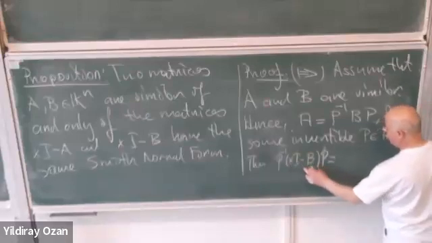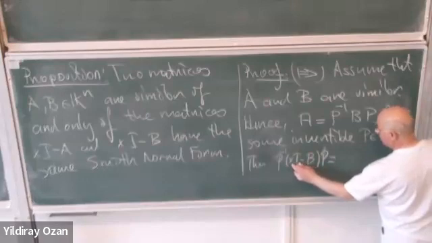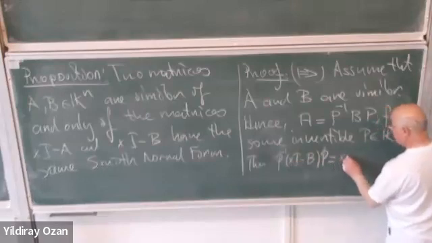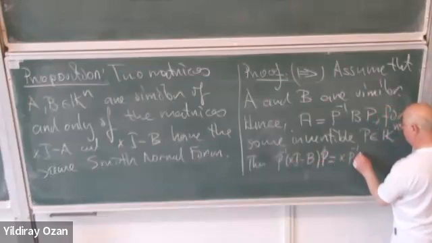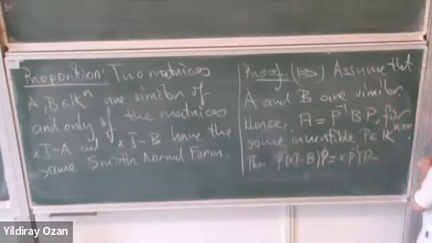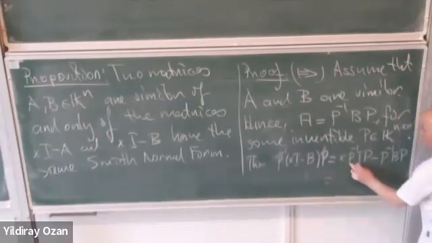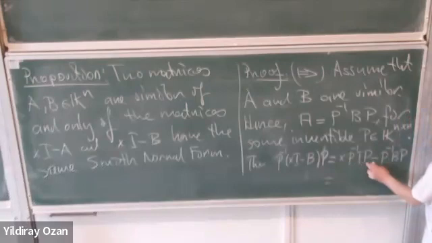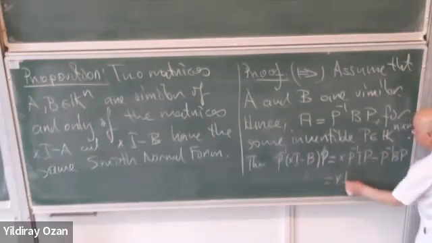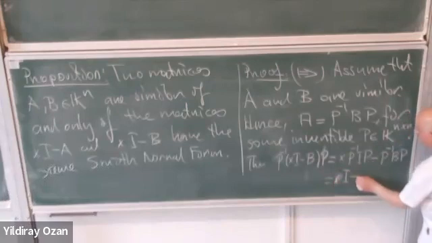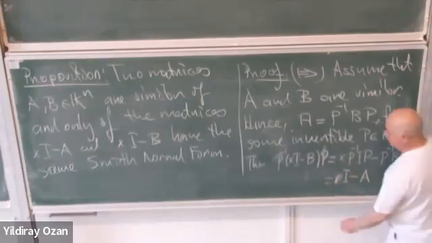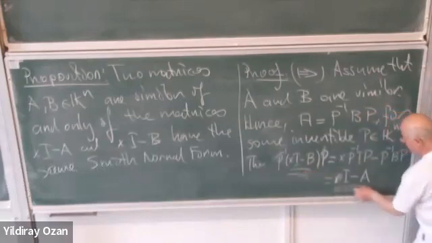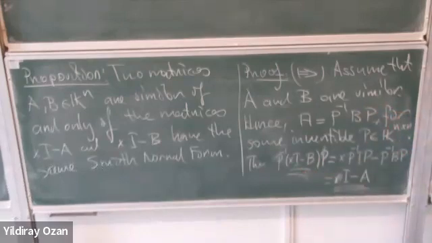X times identity is just X times P inverse times identity times P minus P inverse B P. But P inverse P is identity, so this is just X times identity minus A. Therefore, this matrix and this matrix are similar. Okay?